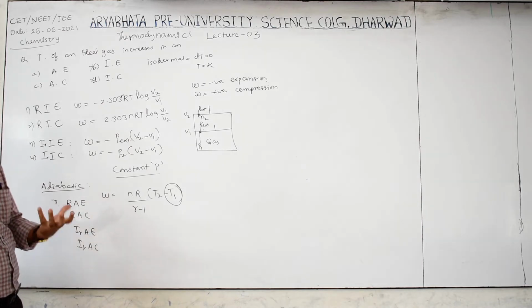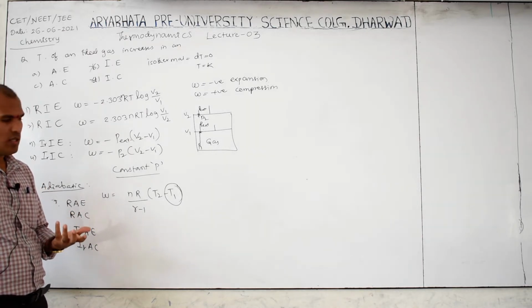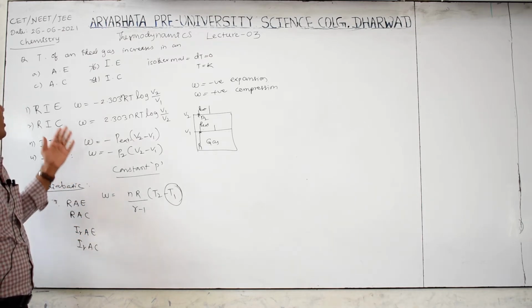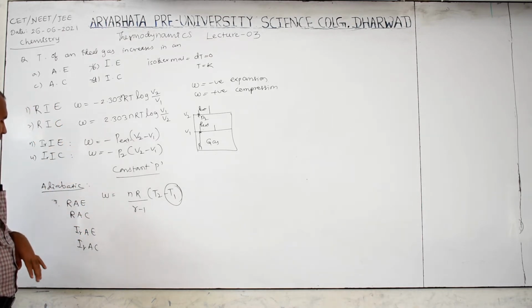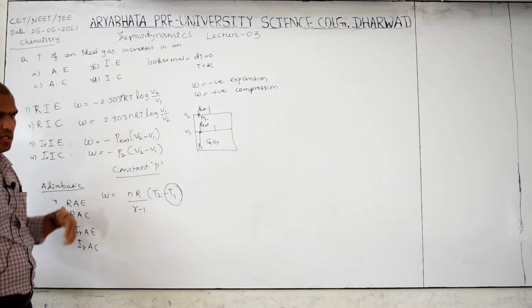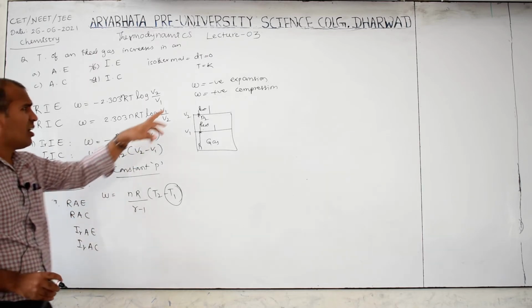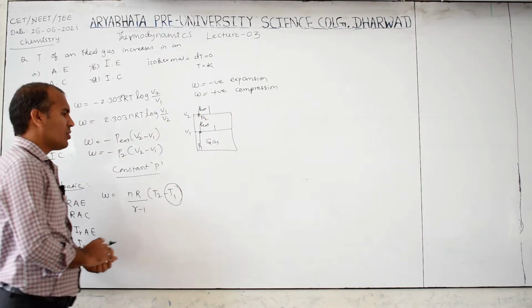Now, expansion means what? Work done is a loss. Therefore, temperature decreases in this case. Here, adiabatic expansion, adiabatic compression. Compression means W is positive.